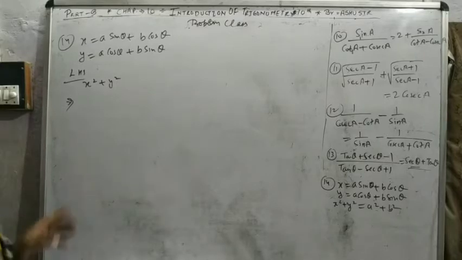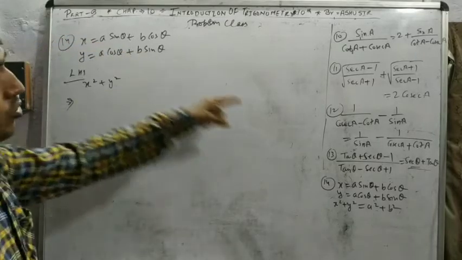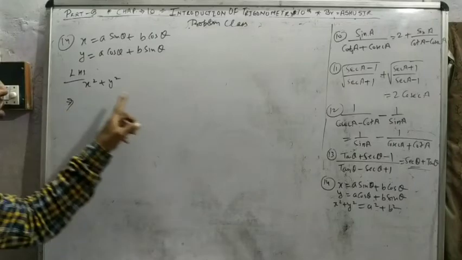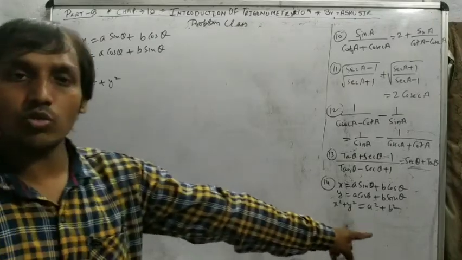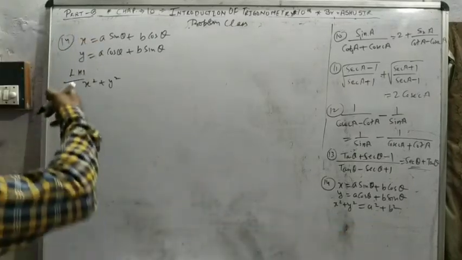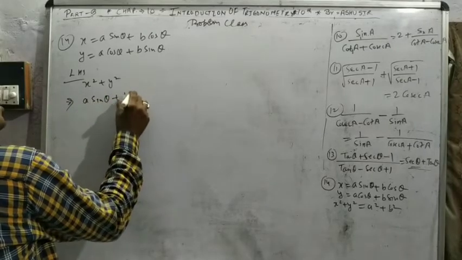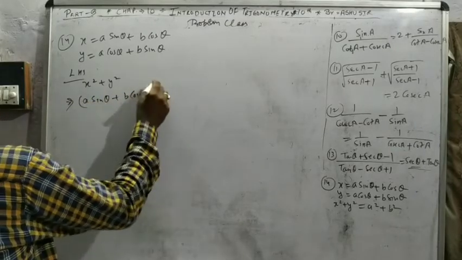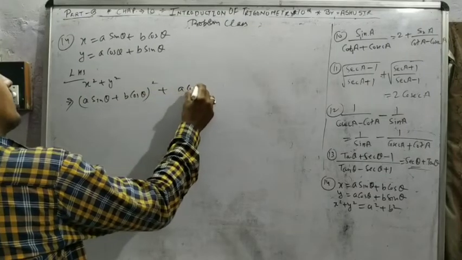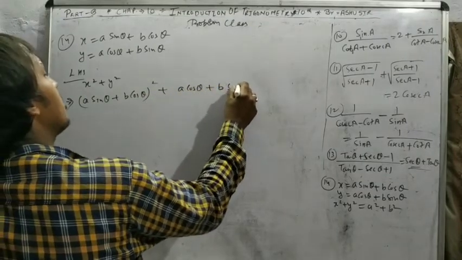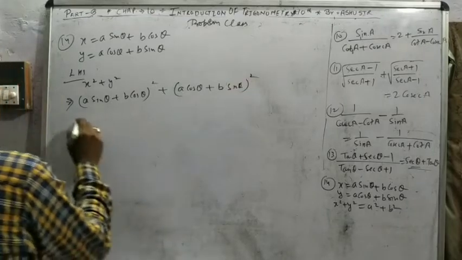So see question 14. The x and y values were given and we want to prove that x square plus y square is equal to a square plus b square. Only put the values of x and y: a sin theta plus b cos theta whole square, a cos theta plus b sin theta whole square.